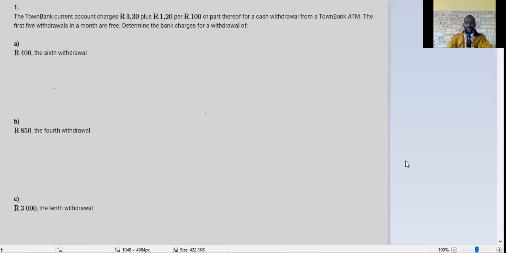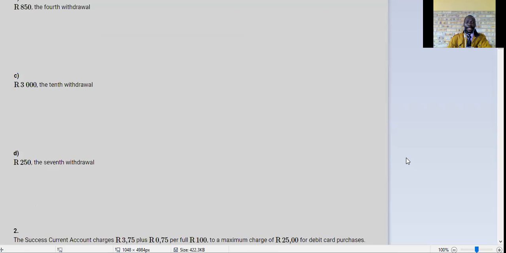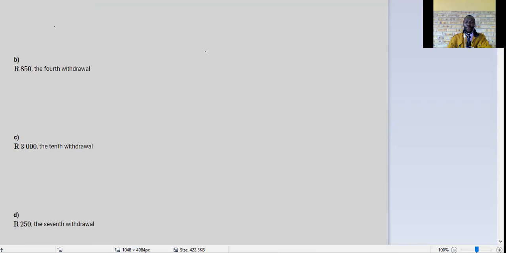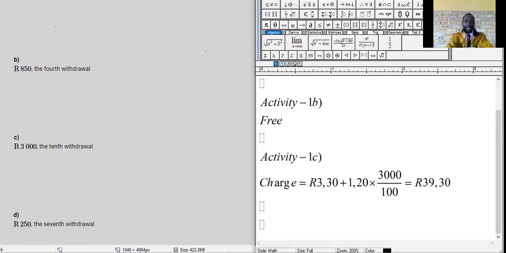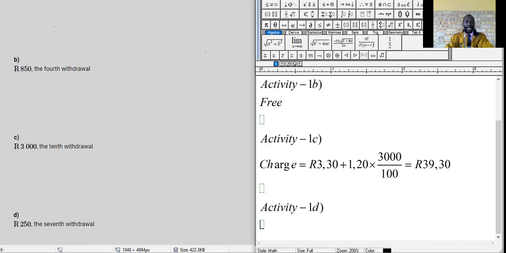Now, the next thing we want to look at is activity D. So we are going to call this activity 1 part D. In activity 1 part D, we are supposed to calculate the bank charges if 250 was withdrawn as the 7th withdrawal.